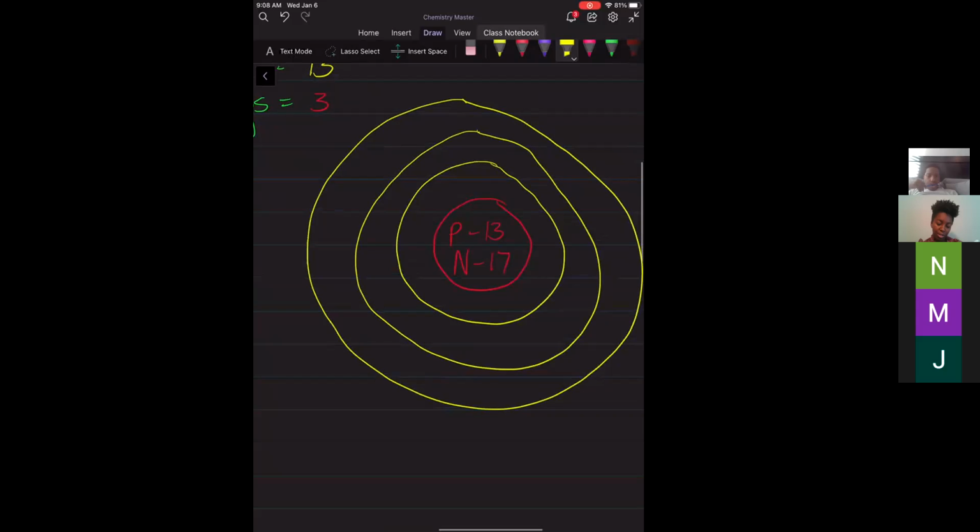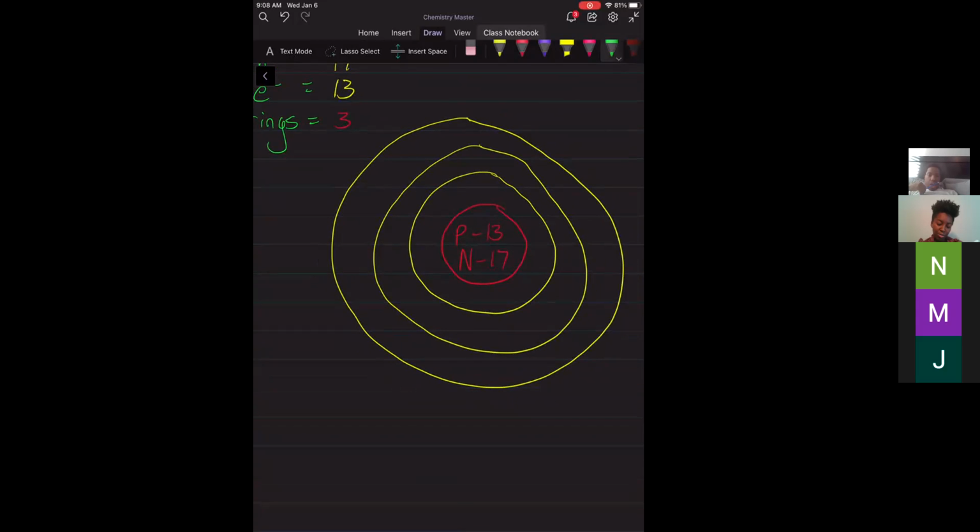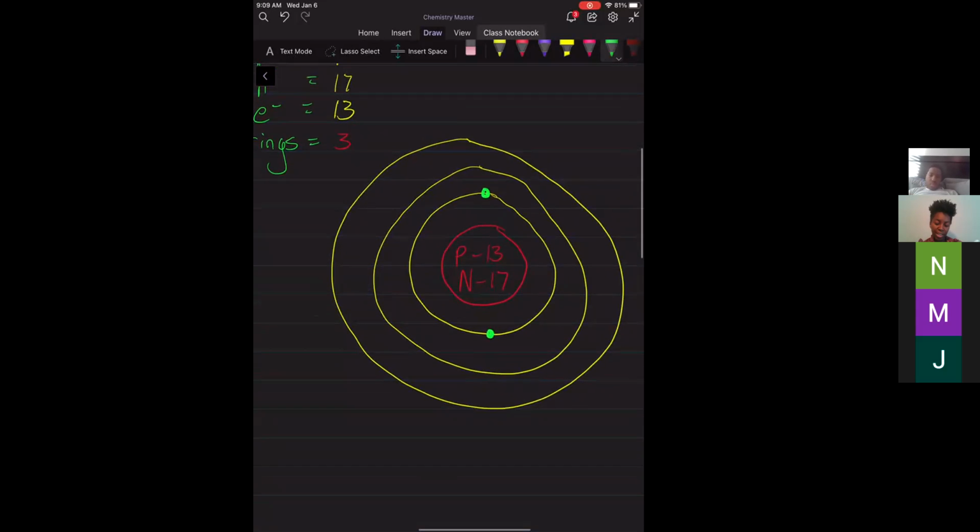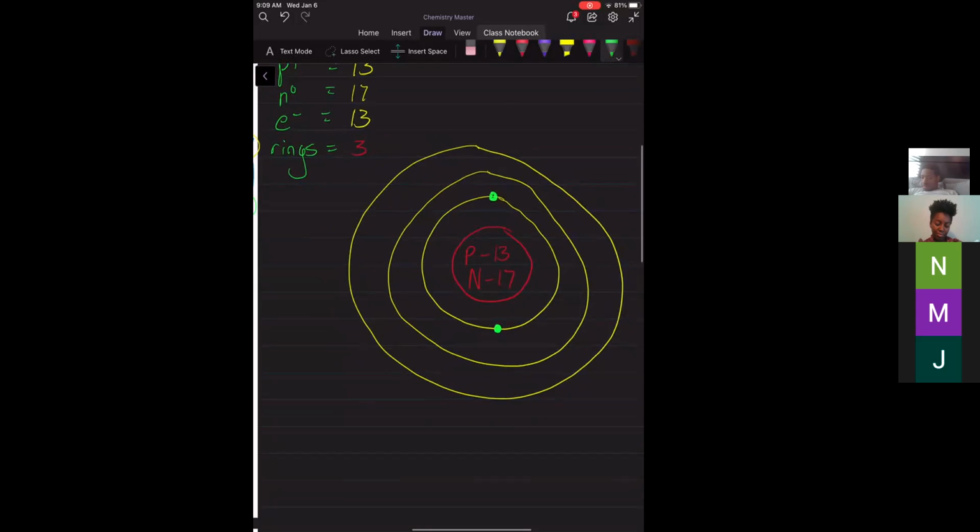So the first one can only hold 2. So I'm going to put 2. I'm going to put them as far apart as I can because they don't want to be next to each other, okay? And what we're going to learn later is that electrons really have like a little tail. So they can pair up because they rotate, but if it's just one by itself, it doesn't want to be there, okay? Remember we said we're going to fill in like 12, 3, 6, and 9 o'clock, okay?